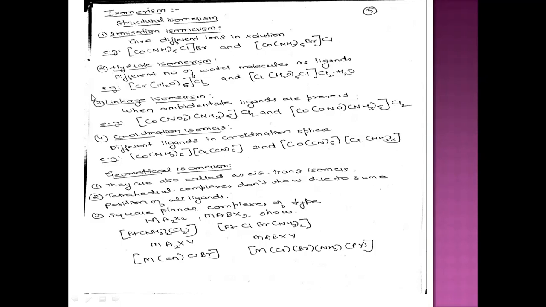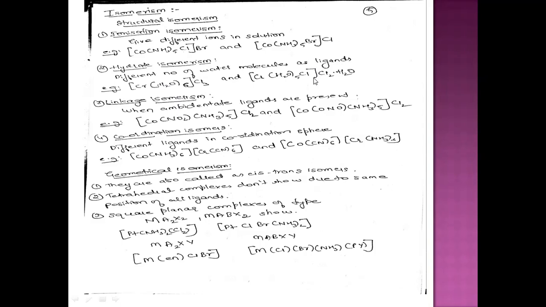Second is hydrate isomerism. Again, in both compounds the molecular formula is the same, but the number of water molecules inside the coordination sphere differs. If it is inside the coordination sphere, it should act as a ligand.